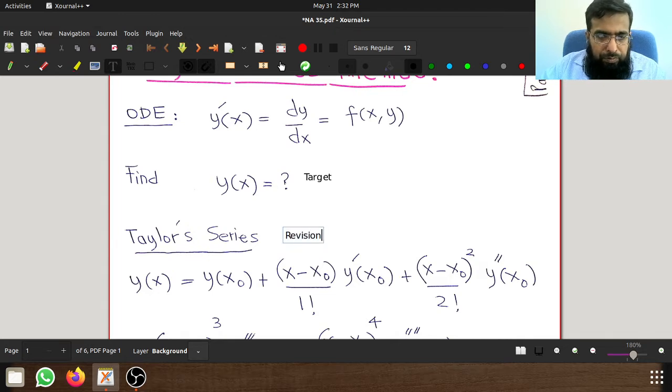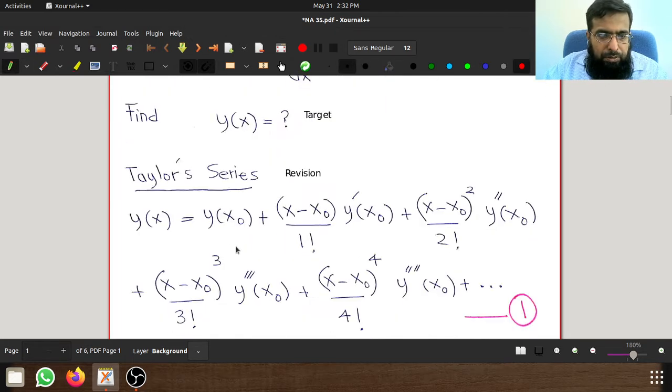A Taylor series looks like this. We want to find y as a function of x. We must know y at some starting point, where x naught is some starting value of x, and then x minus x naught over 1 factorial times y prime, which is dy by dx evaluated at the starting point, and then we keep on going like this.